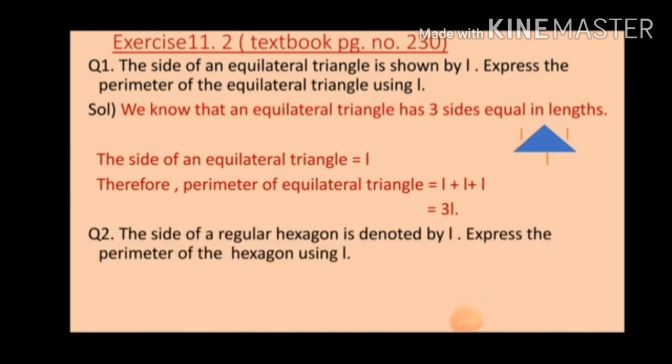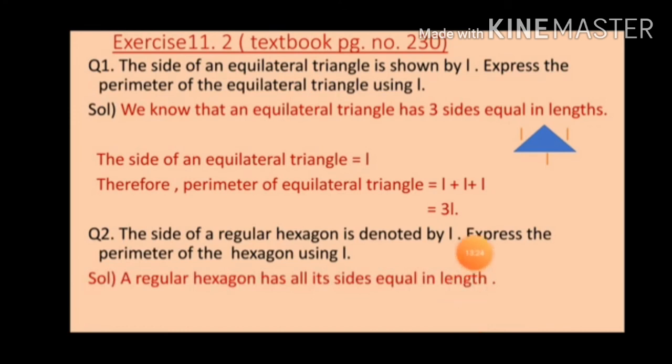Fine. Now come to the next question: the side of a regular hexagon is denoted by L. We have to express the perimeter of the hexagon using L. First of all we must know that we are talking about a regular hexagon, so all its sides will be equal in length, and the total number of sides this regular hexagon has is 6. Fine children, now look at this figure.